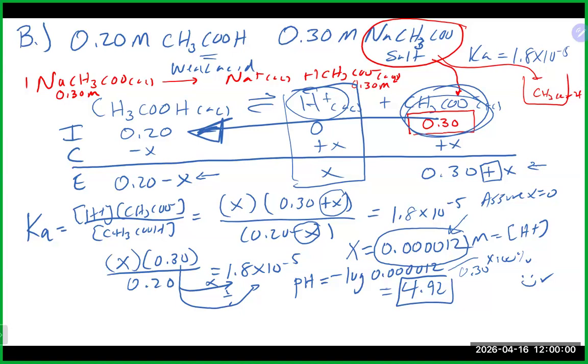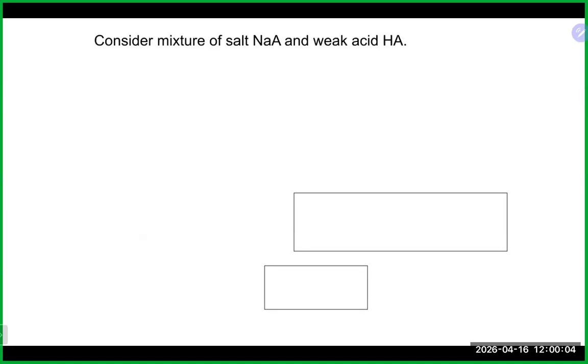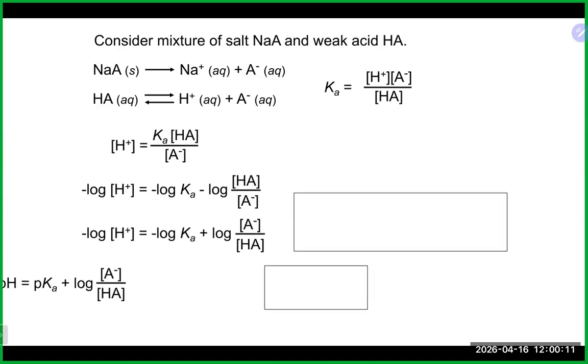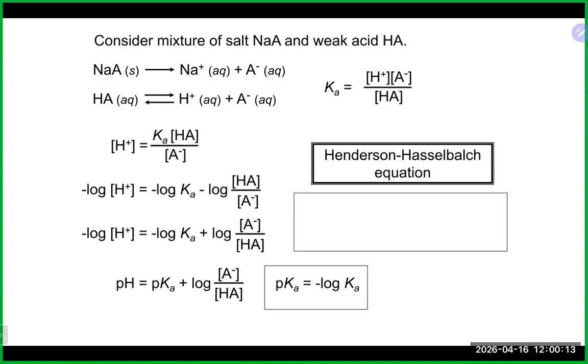So in situations like this, when you have a common ion effect, and really when you have a buffer, you don't necessarily have to use an ice table. You could do a bunch of rearrangements of equations, and you could get everybody's favorite equation, the Henderson-Hasselbalch equation, David Hasselhoff equation, whichever equation that is. That is the pH is equal to the pKa plus the log of the conjugate base over the acid.